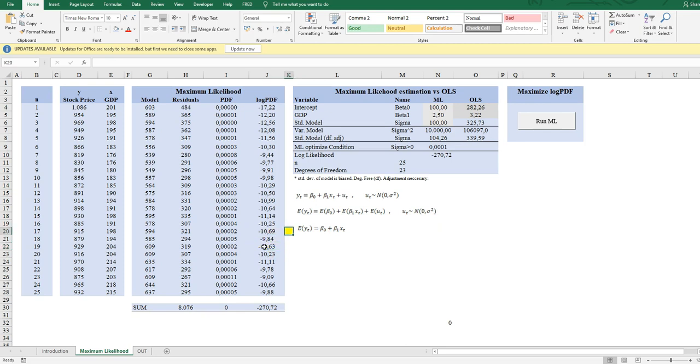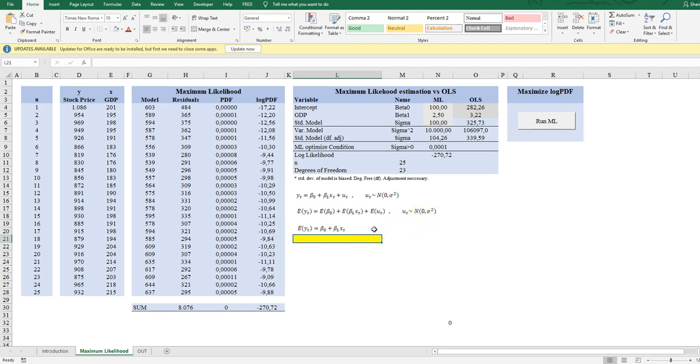With OLS, we know how to do it using the minimization technique of the sum of squared residuals with respect to the parameters, and then afterwards doing some manual calculation on sigma.